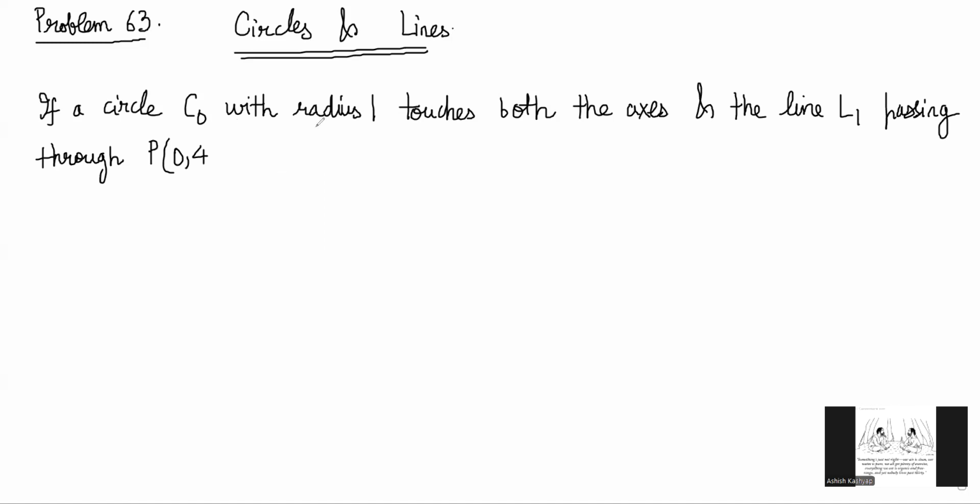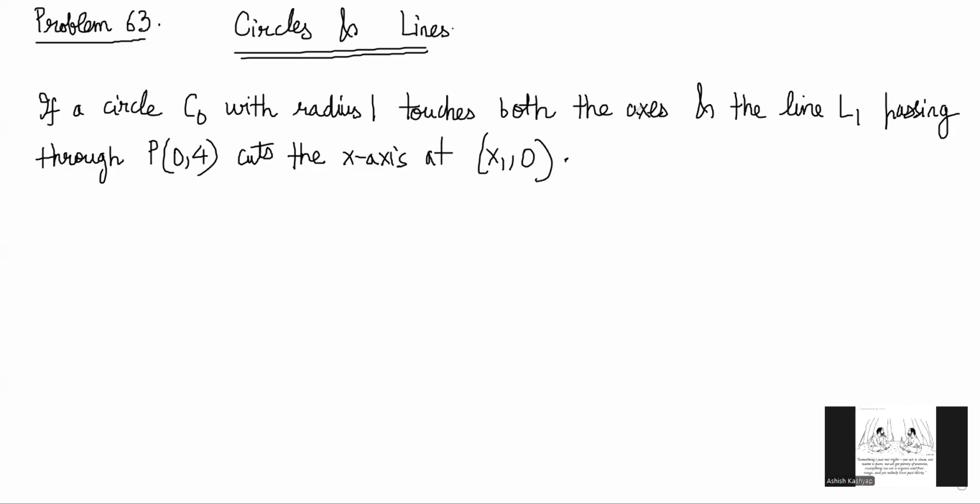So the circle C naught with radius 1 touches both the axes, and the line passing through P (0, 4) cuts the x-axis at x1, 0.